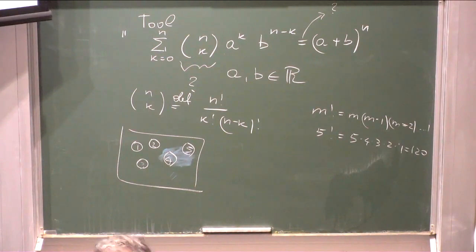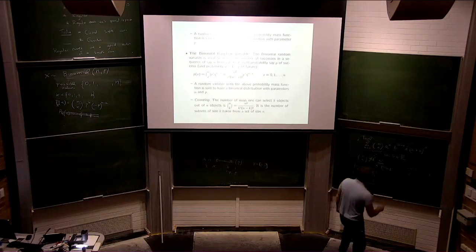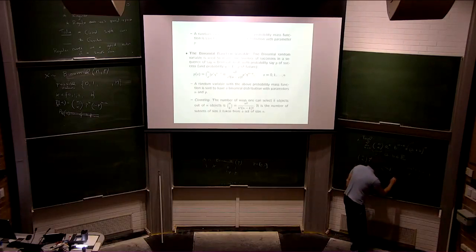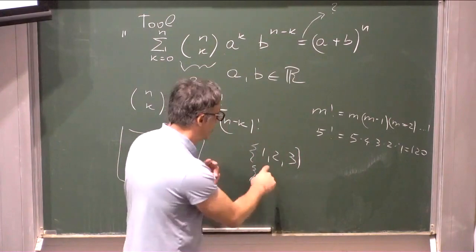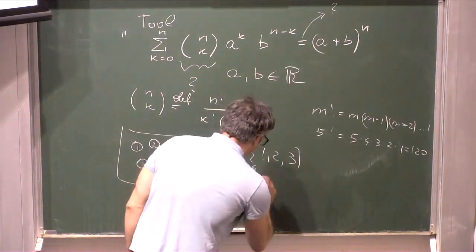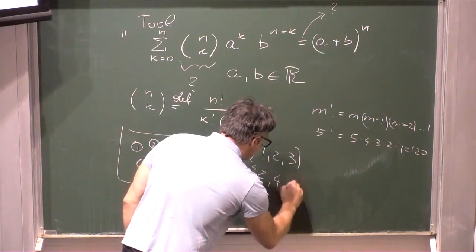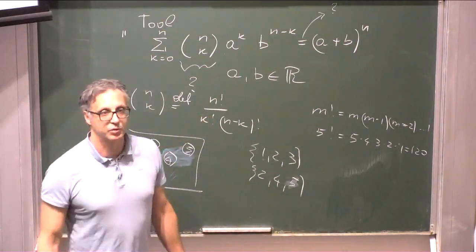I just pick 3 simultaneously, and the order does not matter. I pick these 3 numbers, and I don't care about the order. 2, 4, 6 is a different outcome from 2, 4, 5, and so forth.